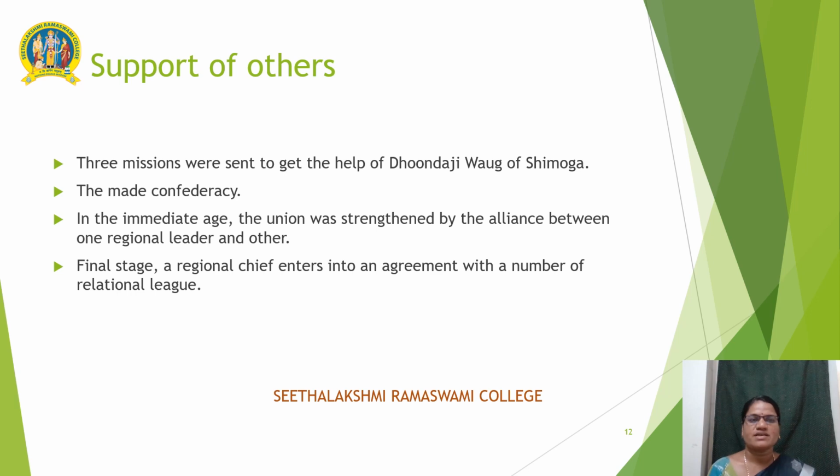Support of others: messengers were sent to get the help of Dhoondiah Wagh of Shimoga, the Mysore Confederacy. In the intermediate stage, the union was strengthened by alliances between one regional leader and another. In the final stage, the regional chiefs entered into agreements with a number of regional leagues.